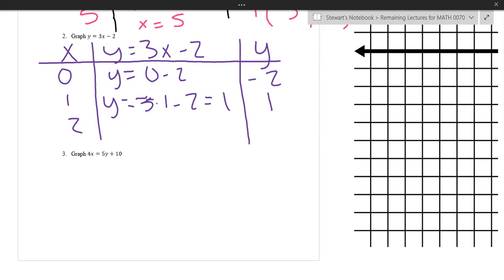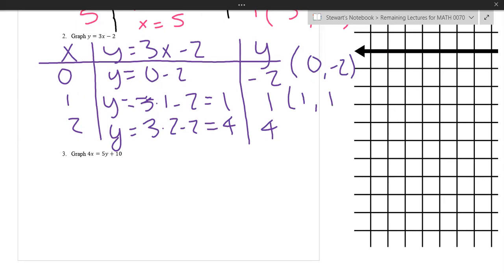And if x equals 2, we have y equals 3 times 2 minus 2, which is 6 minus 2, which equals 4. So now we have coordinate points again. Respectively, we have 0, negative 2, 1, 1, and 2, 4.